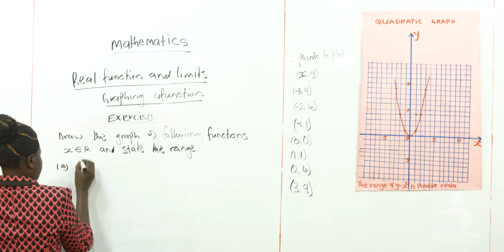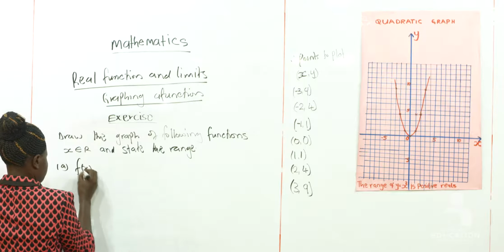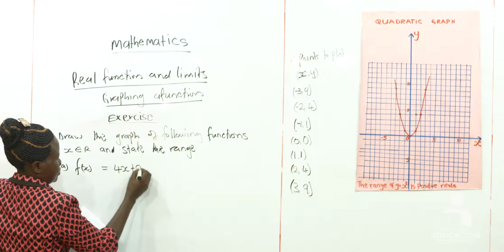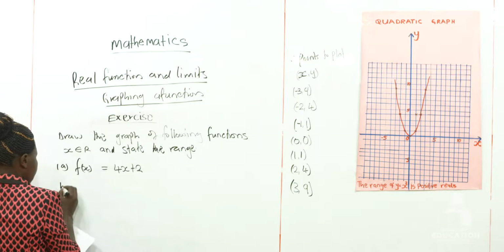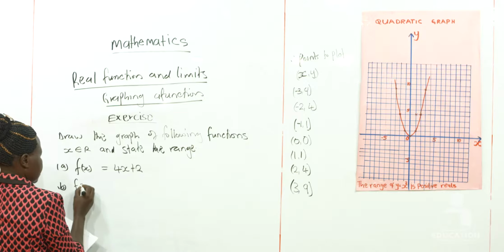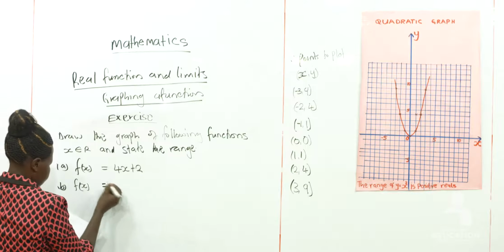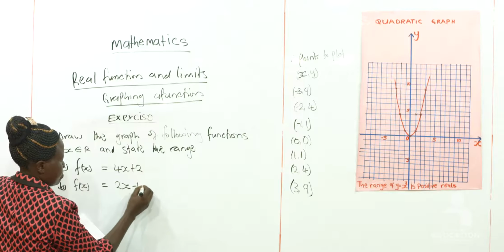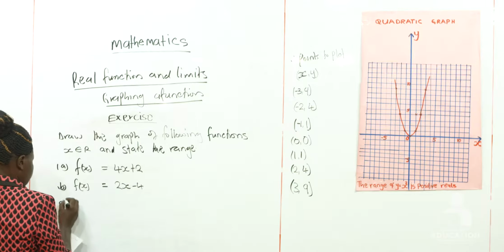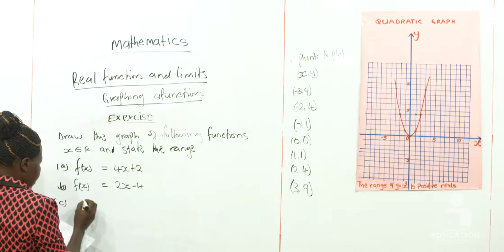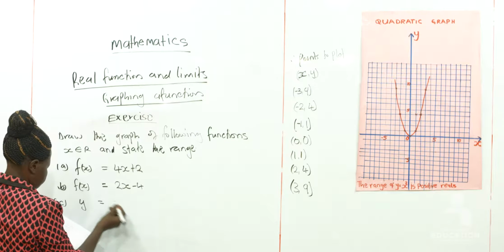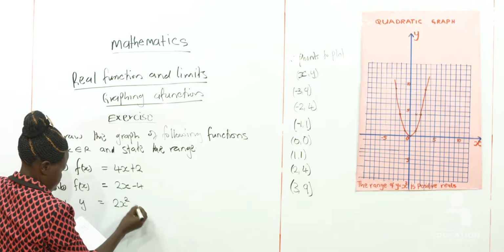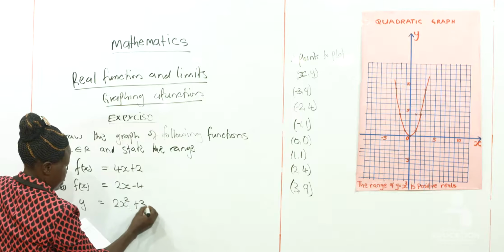A, f(x) equals 4x plus 2. B, f(x) equals 2x minus 4. C, we have y equals 2x squared plus 3.